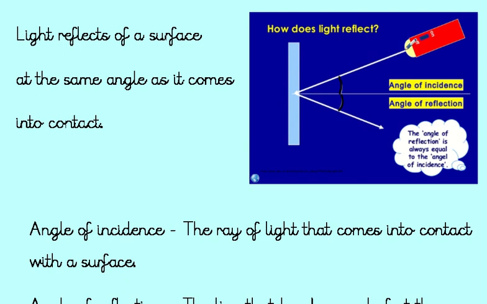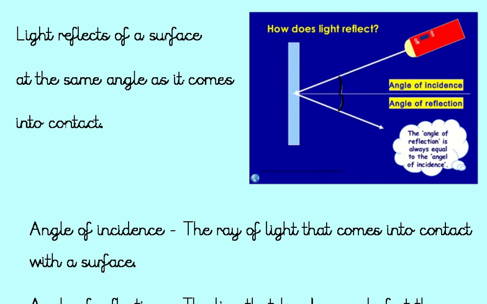And then you've obviously labelled the angle of incidence, the ray of light going towards the object, and the angle of reflection, the ray of light bouncing off the object. And they both have the same angle, don't they? They both have the same angle, because it says here the angle of reflection is always the same as the angle of incidence. The angles are the same.